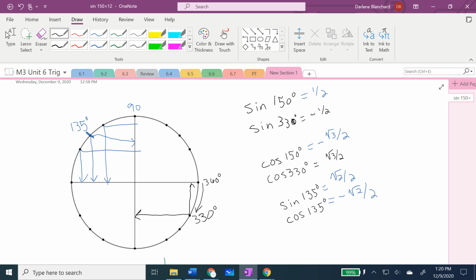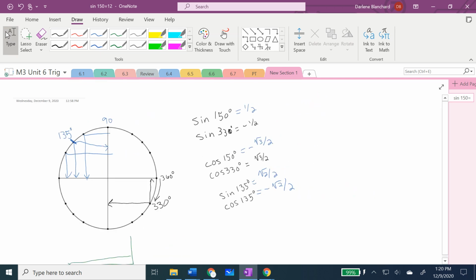Then you also want to be comfortable with things like, what is the sine of 90 degrees, 180 degrees, 0 degrees, 270. You want to know your quadrangles. And keep in mind, sine is the y coordinate.